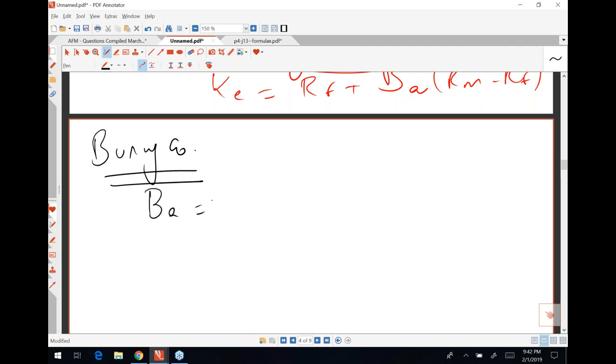First of all, you need to calculate the asset beta of Lintu. The formula is equity beta multiplied by market value of equity divided by market value of equity plus market value of debt times (1 minus t).